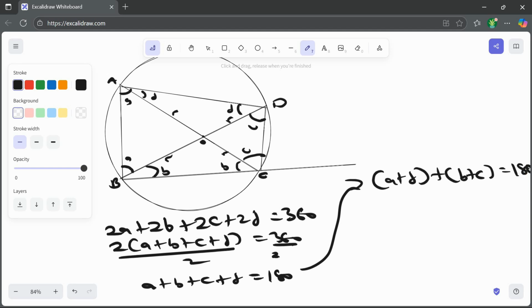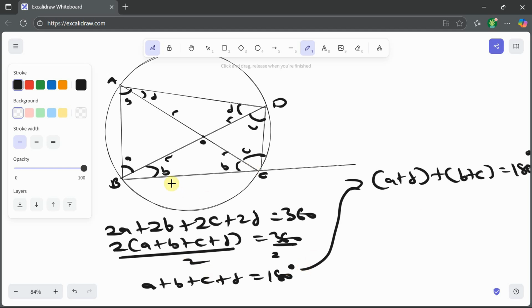Do you agree that's possible? Yes, because you can group this addition. So this is A plus D, this is B plus C, and you can see the opposite of that gives you 180 degrees.